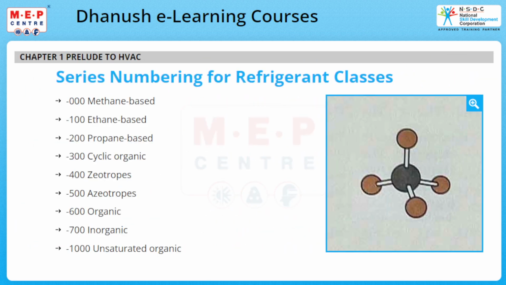Series numbering for refrigerant classes is as follows: 000 methane based, 100 ethane based, 200 propane based, 300 cyclic organic, 400 zeotropes, 500 azeotropes, 600 organic, 700 inorganic, 1,000 unsaturated organic.